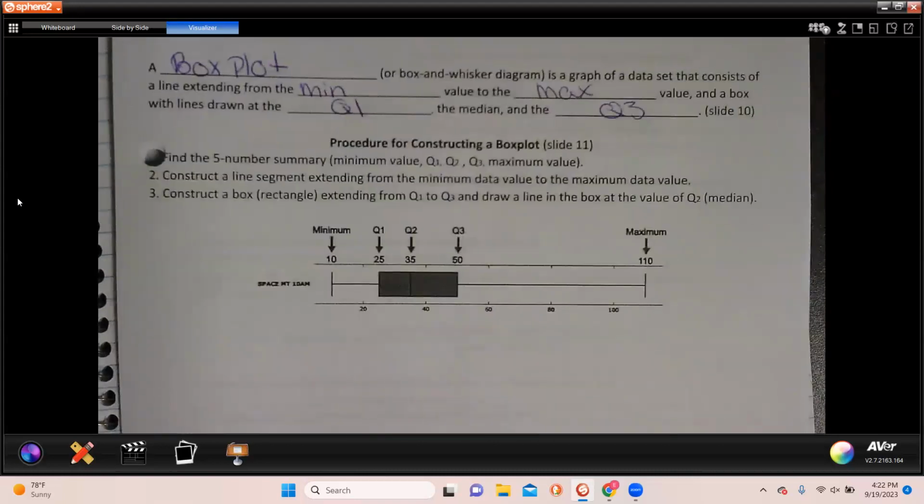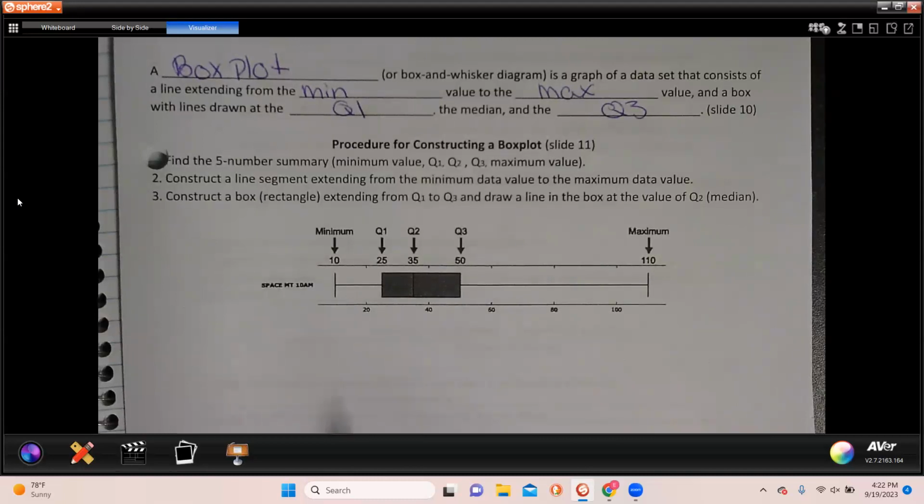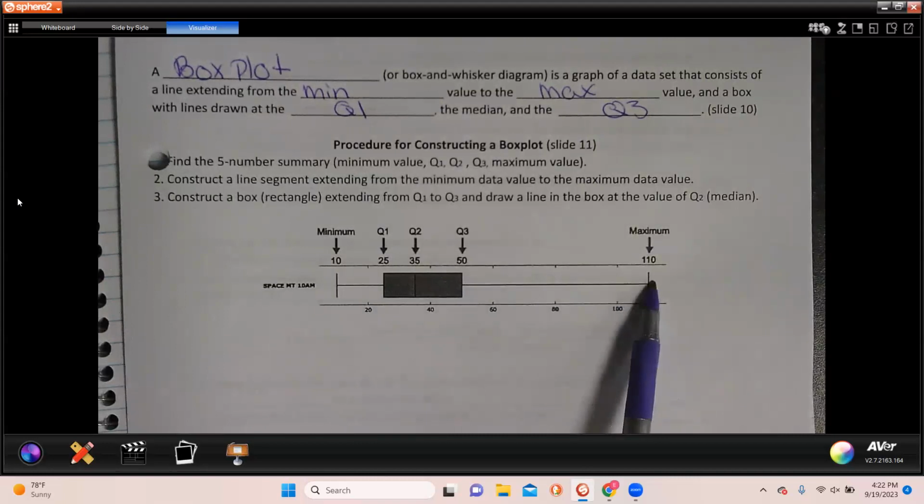So here's an example of a box and whisker plot. To make one of these, you have to start by finding the 5-number summary, because you can't make anything without a 5-number summary. This will construct a line segment extending from the minimum value all the way to your maximum value.